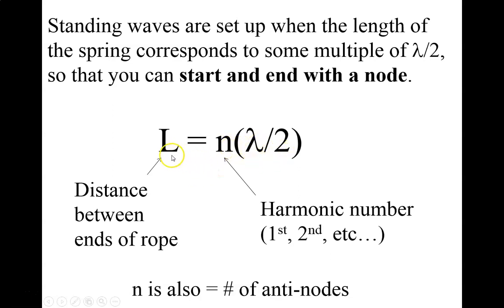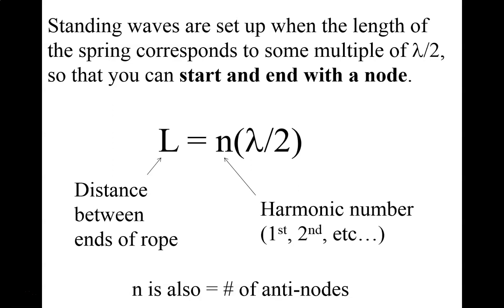L is the distance between the ends of the rope, n is your harmonic number, 1 through whatever, and lambda is your wavelength. I don't really recommend trying to memorize these, although technically you don't have to, because all the quizzes and tests are open notes. But I'd like you to be able to think. The AP exam won't be open notes. Oh, it might be. I don't think so, though. I think it's going to be in person.